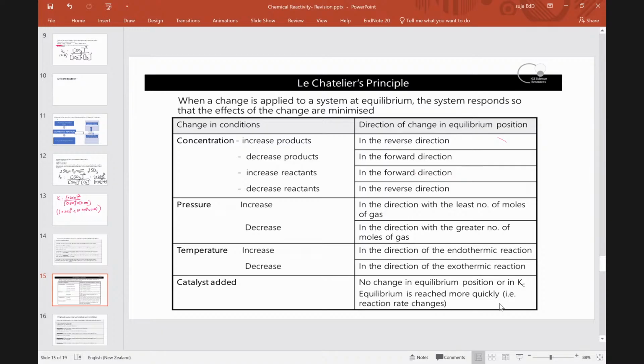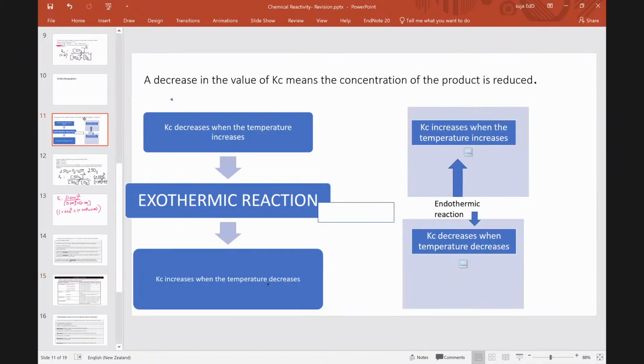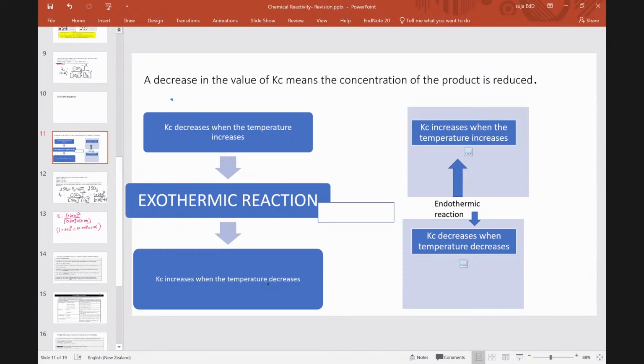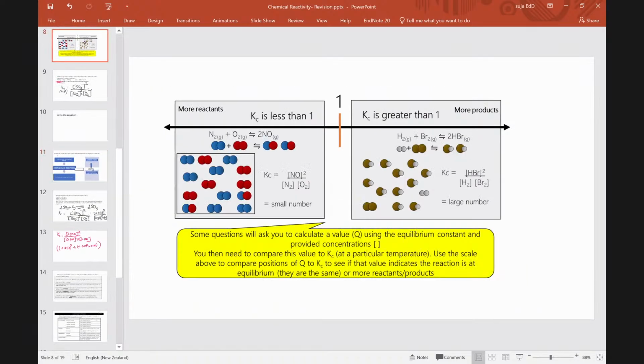So that's where I said, in an exothermic reaction, if the Kc decreases, that means if the Kc value is less than 1 in this reaction, then we will follow this process. That means it is more reactants and it will be in the forward direction.